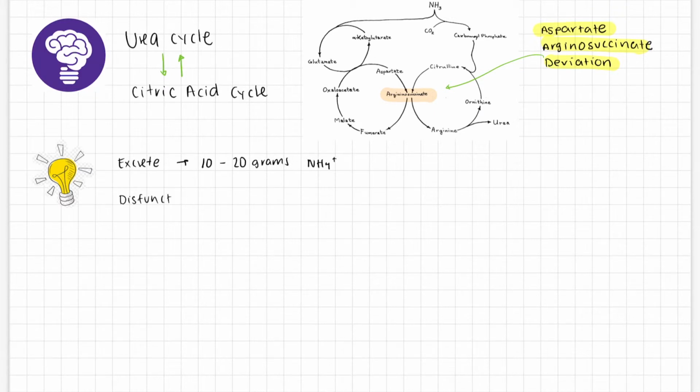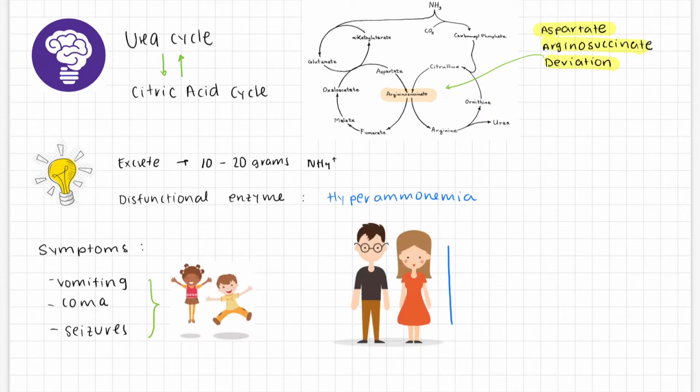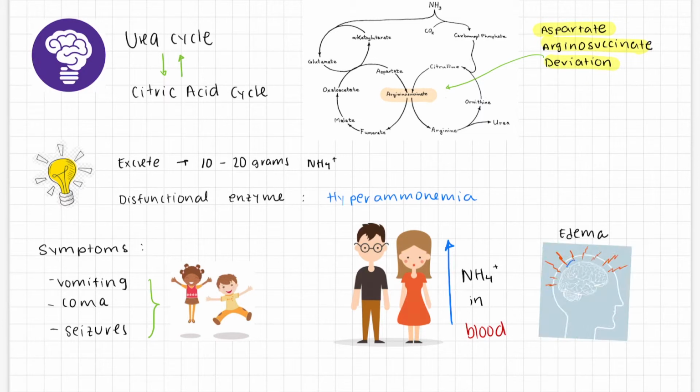A dysfunctional enzyme of this cycle can result in hyperammonemia and related diseases. Most common symptoms of urea cycle disorder are vomiting, coma, and seizures, and in this disease, kids are the most affected. In adults, high levels of ammonium in blood can result in a brain edema, which in simple terms is liquid accumulated in the brain.